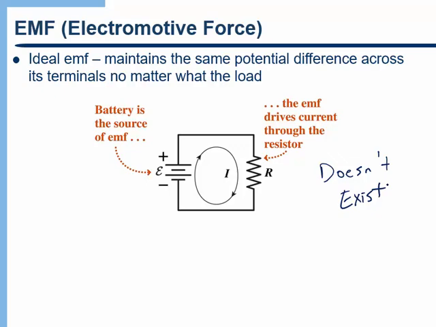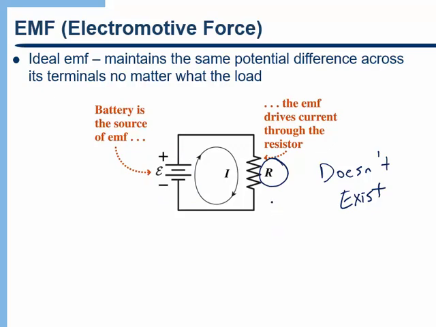So an ideal EMF is simply a source of electric potential difference that can maintain the same potential no matter what the load is. Now, by the way, the load just refers to the overall resistance that it's connected to.